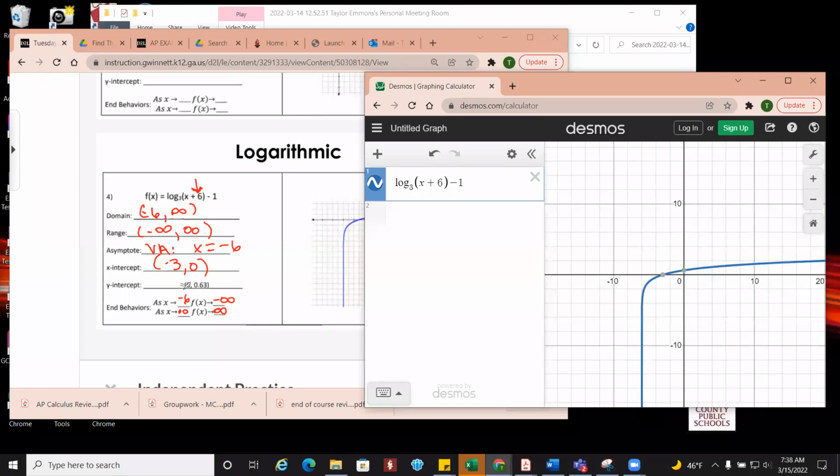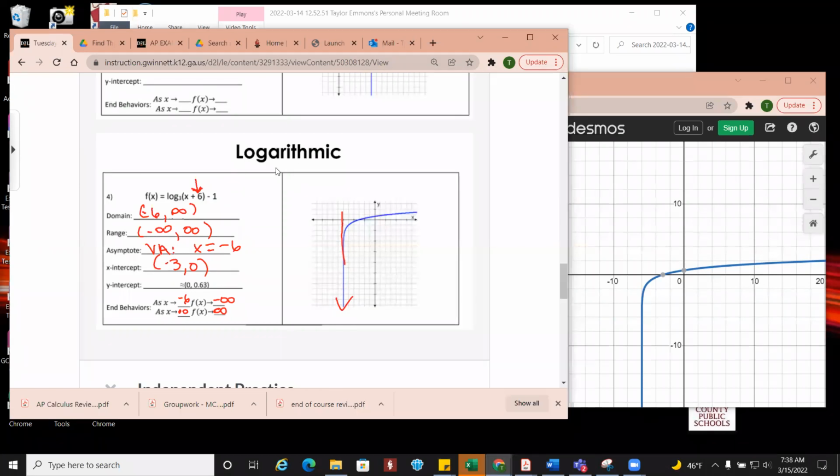And then your y-intercept is 0, 0.63. Again, I can find that by just clicking on that little button. My end behavior, as x is approaching negative 6, remember that's my vertical asymptote, y is approaching negative infinity. Okay. As x approaches positive infinity, y is approaching positive infinity.